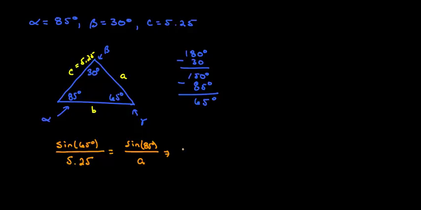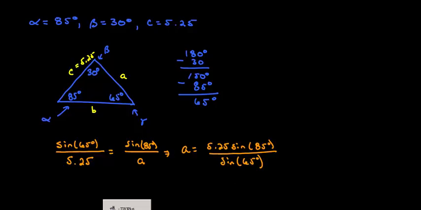So solving for A gives us the following: 5.25 times the sine of 85 degrees divided by the sine of 65 degrees. So we'll grab our calculator.